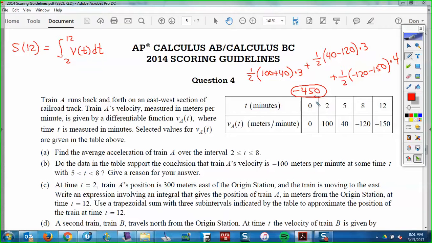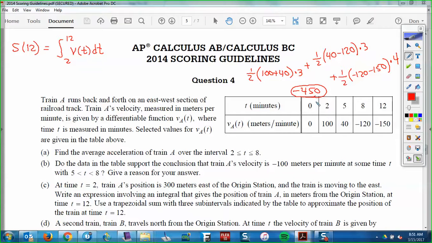A lot of times they just say use a trapezoidal sum with 3 subintervals indicated by the table to approximate the position of the train at t equals 12. Remember, a trapezoidal sum is an approximation to what? An integral. A left rectangle, a right rectangle, a trapezoid or Simpson's is an approximation to an integral.